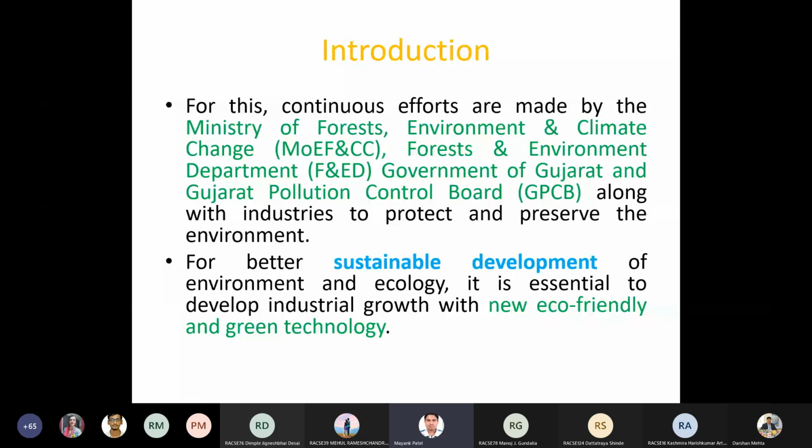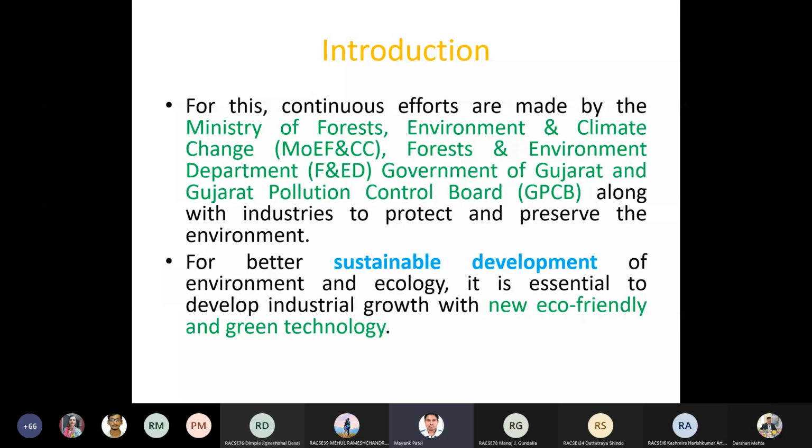For this, continuous efforts were made by MOEF and CC, the Forest and Environment Department, Government of Gujarat, and the Gujarat Pollution Control Board, along with industry, to protect and preserve the environment. For better sustainable development of environment and ecology, it was necessary to develop the concept of development and environment, not development or environment.